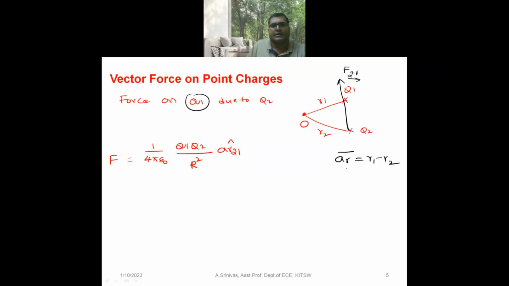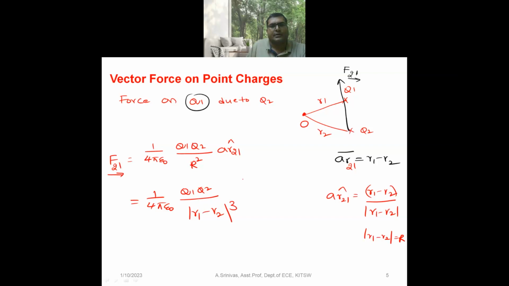Here it is AR21 bar, and AR21 cap is R1 minus R2 divided by the modulus of R1 minus R2, where the modulus value of R1 minus R2 is simply R. So we can rearrange this equation as the force on Q1, that is 1 by 4 pi epsilon naught Q1 Q2 by the modulus of R1 minus R2 cubed, multiplied by R1 minus R2. Refer to the equation.